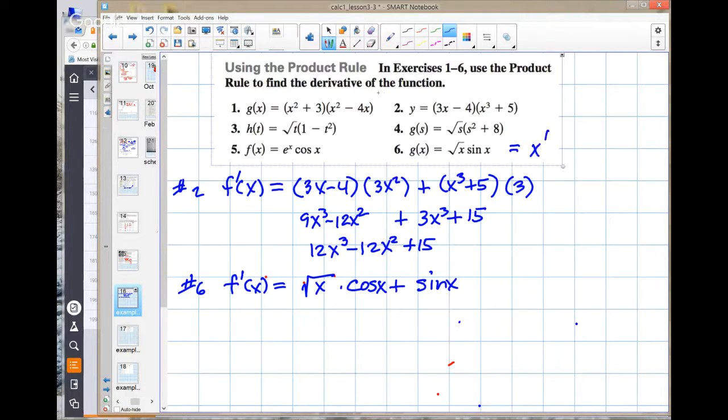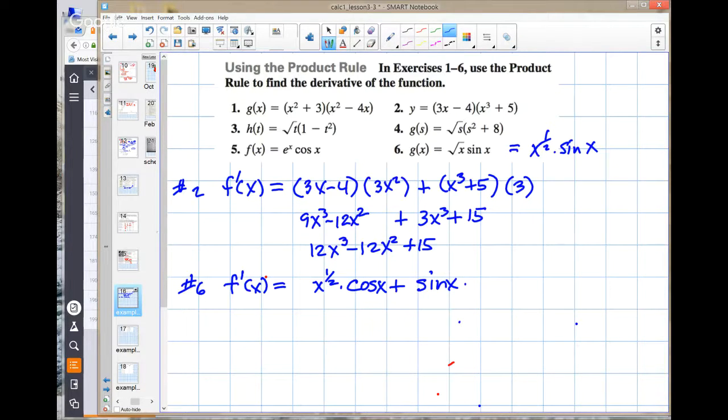X to the 1/2 power times the sine of x. There's nothing wrong with what I wrote, but let's come back here. If I had rewritten it, we would have just said what? X to the 1/2 first times derivative of the second plus the second times the derivative of the first.